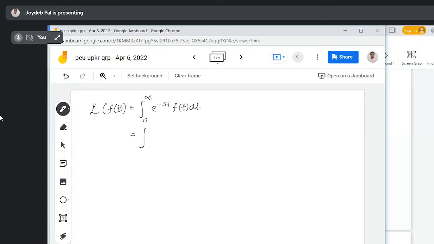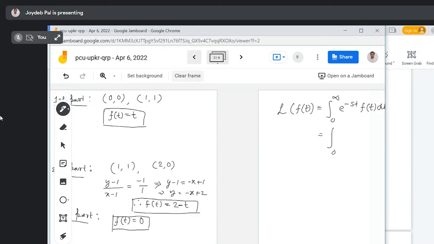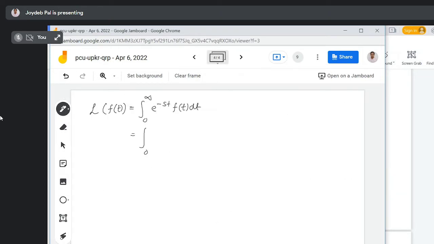So it will be 0 to 1, three parts of the integration: 0 to 1 e to the power minus st f(t) dt plus 1 to 2 e to the power minus st f(t) dt plus 2 to infinity, e to the power minus st f(t) dt.